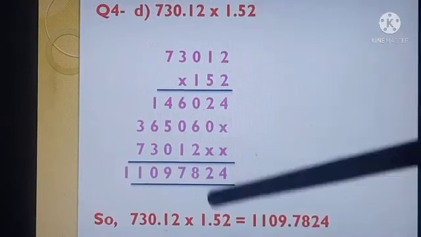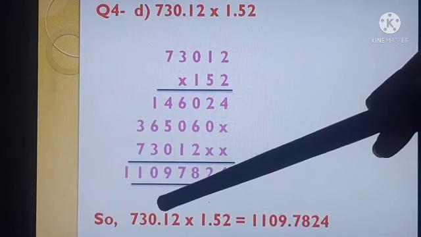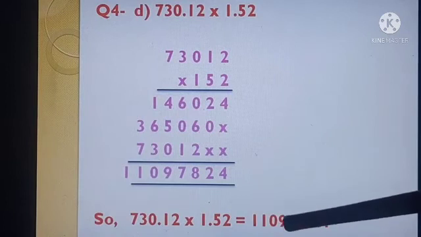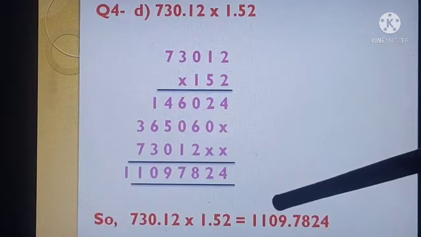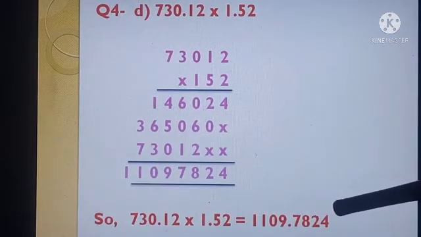Now we will write down the question again, having decimals. After the decimal, how many digits are there? 1, 2, 3, 4. Start counting from the ones place. 1, 2, 3, 4. Put decimal here. Now our answer has become 1109.7824.